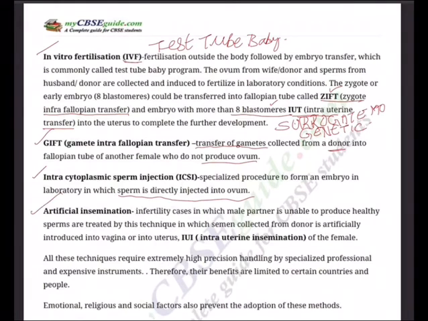Then we come to the next one, artificial insemination. It's called AIT, artificial insemination technique, where the husband is either unable to inseminate the female or has very low sperm counts in the ejaculation.